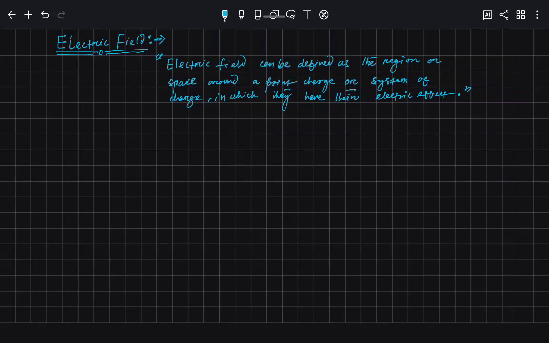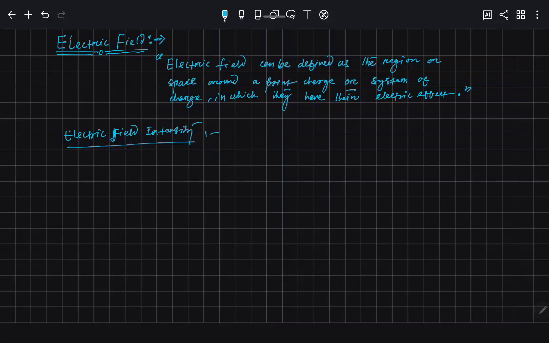Now there is another term we define: how much the electric field is powerful at some point and less powerful at some point. That means how strong the electric field is. To define that, we define another term called electric field intensity.